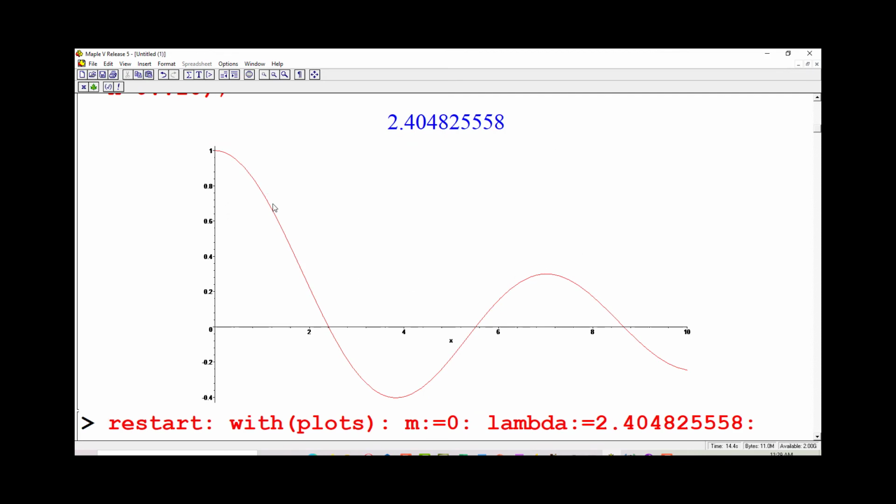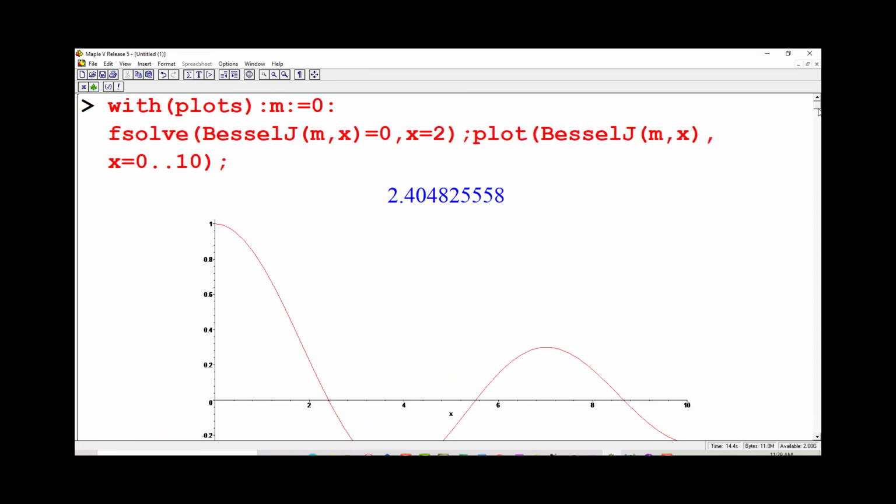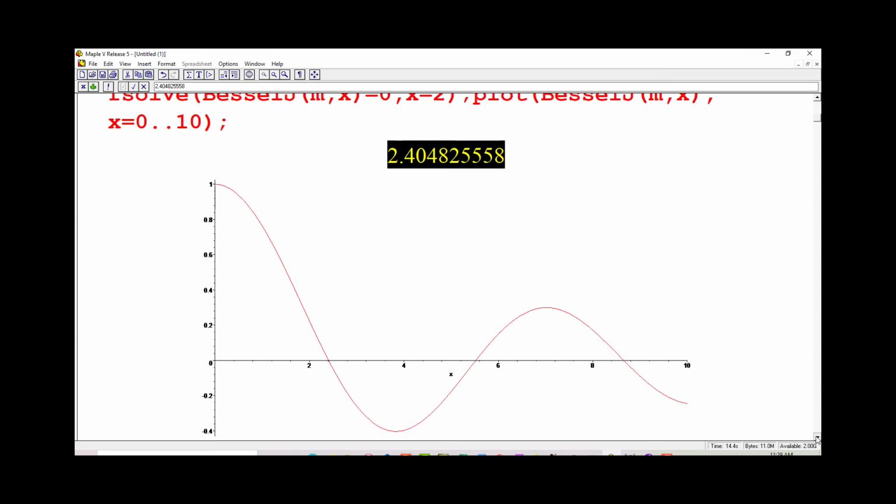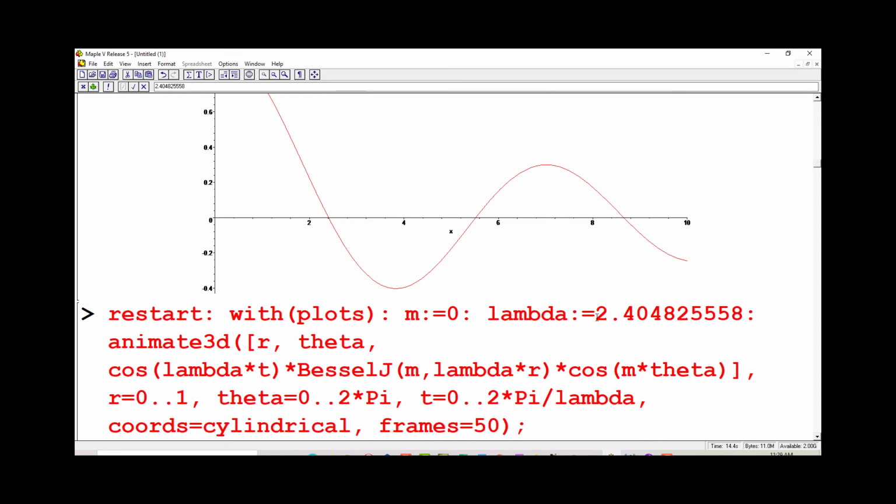This is a graph of that Bessel's J with m equals 0. We chose 0 for the initial value here. We have this root that we can find, this first root, about 2.4. As you can see, I've turned that into my lambda.